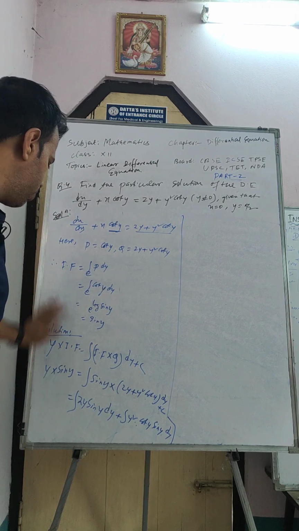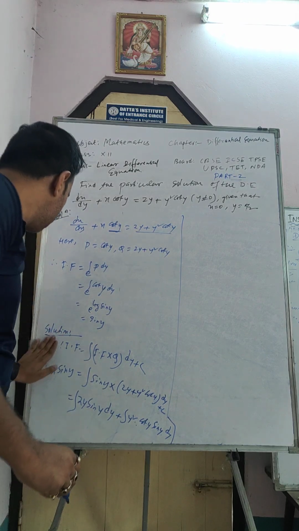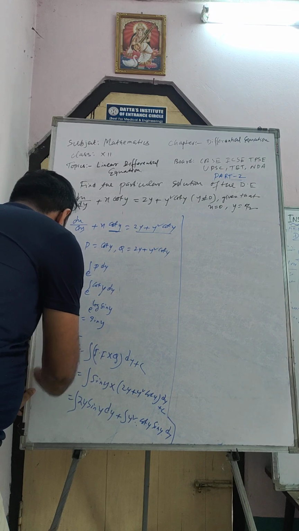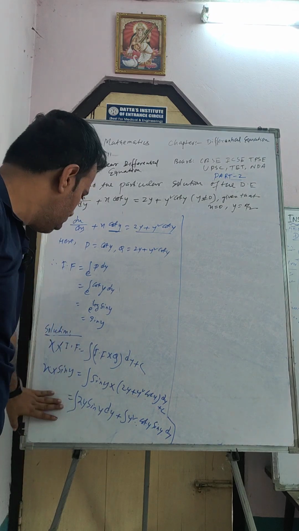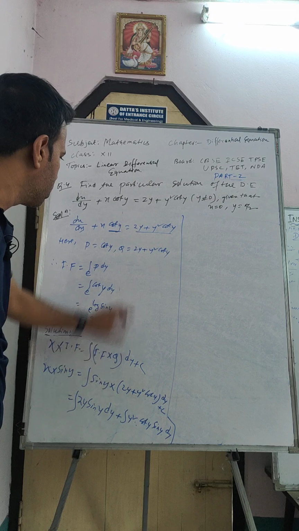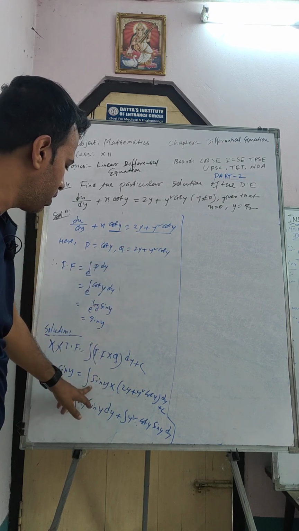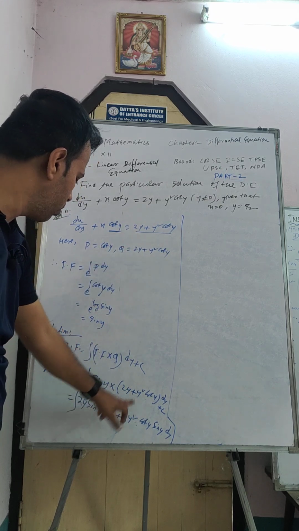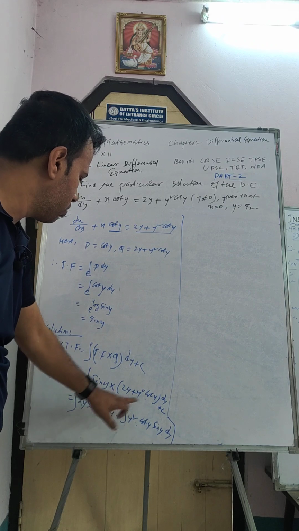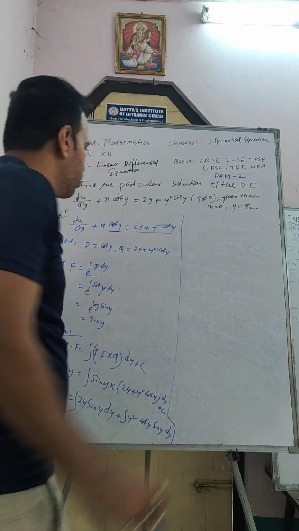I put the value of IF here, so it will be x into IF into Q. IF is sin y, Q is 2y plus y square cot y. So I multiply this sin y by 2y dy plus integration y square cot y sin y dy. Okay, fine.